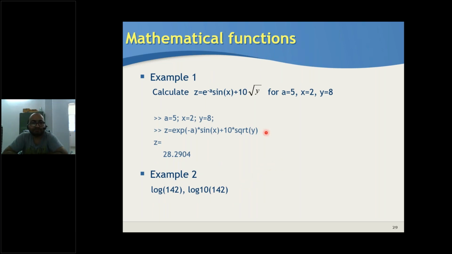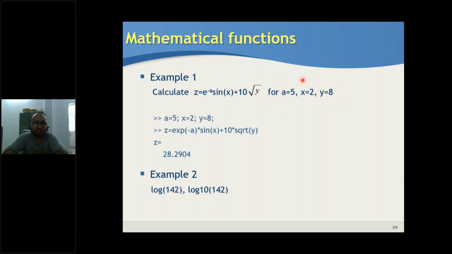So suppose we want to calculate this z variable, and z variable stores the value of e to the power minus a sine of x plus 10 square root of y, and we already know the value of a, x and y. Then how do we do it? So first of all, we have to specify these variables.